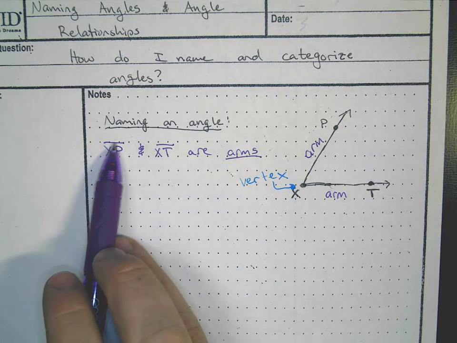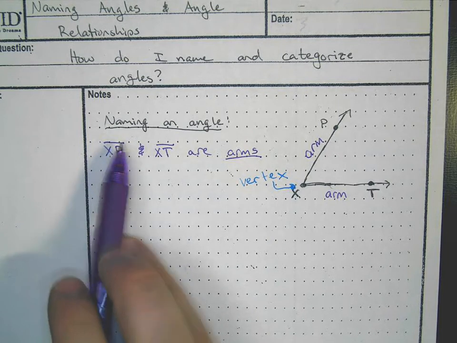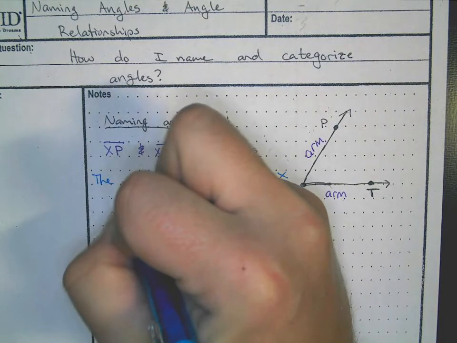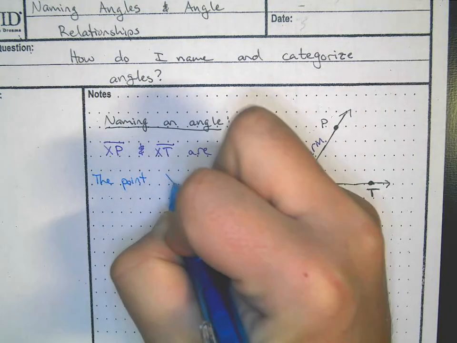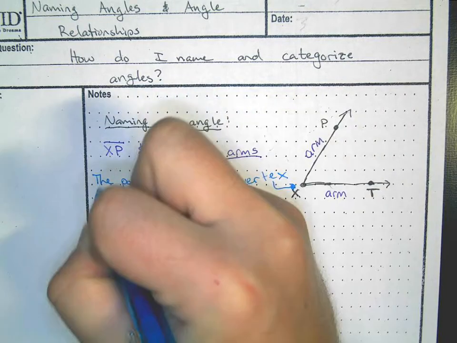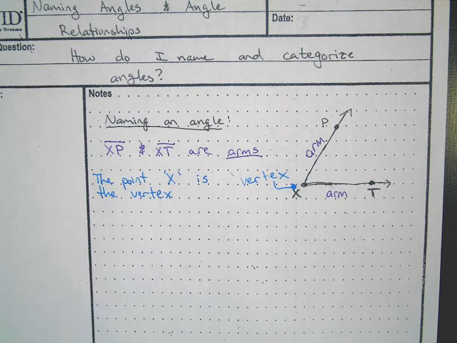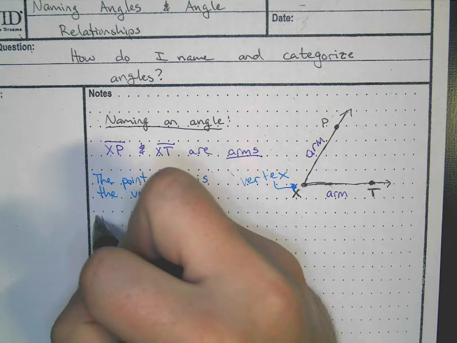I'm putting a little line over it to represent a line segment. And then I can say the point X is the vertex. So there's two ways to name this angle. Either one is correct.